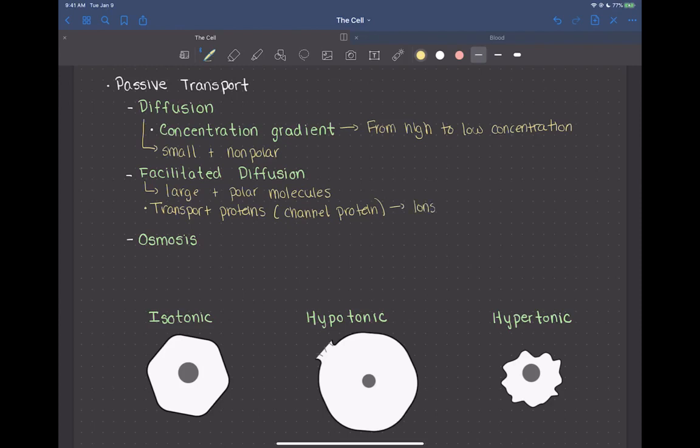We're going to talk about this with the nervous system and with muscle contraction. Ions like sodium and potassium are going to have these channels that will allow them to diffuse through the membrane. So it's diffusion, but it's facilitated because it needs this transport protein to actually get through the membrane. This diffusion that's not facilitated would only be for things like nonpolar and small molecules that don't need a transport protein to get through. Okay.